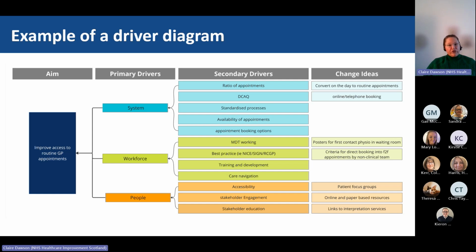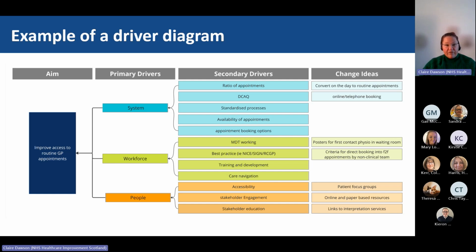Secondary drivers, you're looking about 4 to 5 secondary drivers per primary driver. Again, there's no exact science. If you have more or you have less, you have what feels right for you based on where you are when you start to develop your driver diagram. It might be that you start with a few and you add more in as your learning evolves, and then change ideas are there for you to record when they occur to you, when you begin to define what they are. It could be that you decide to throw all of your change ideas into your driver diagram to begin with, and then you begin to pick out which ones you're going to work on one at a time.